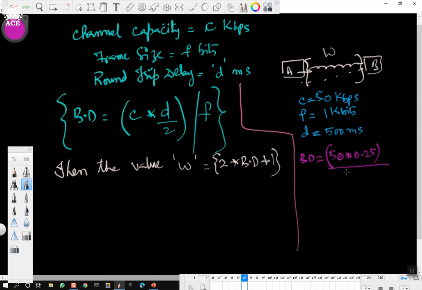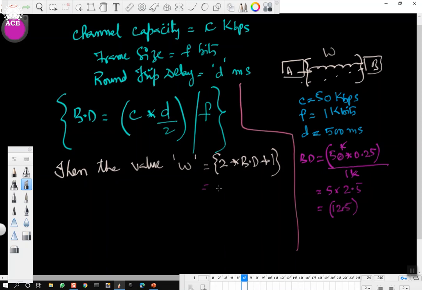What is the frame size? 1 kb. Because this is also in K, the K cancels. So what is this value? 50 into 0.25 is 12.5. So the bandwidth delay product is 12.5.